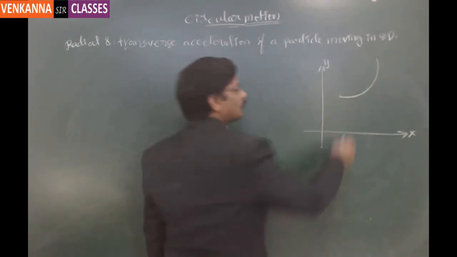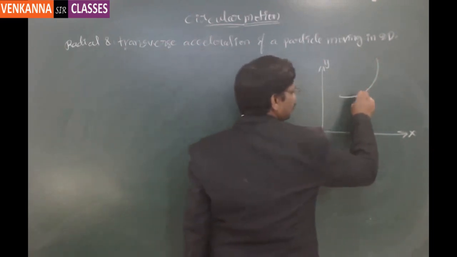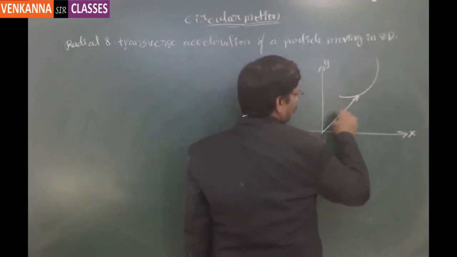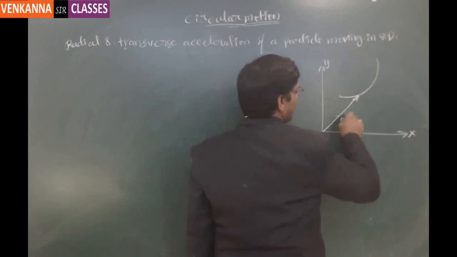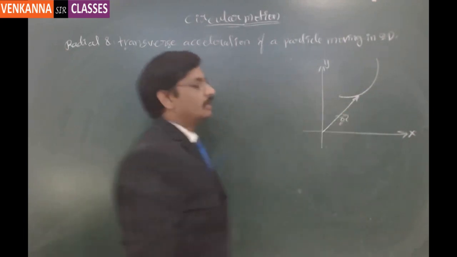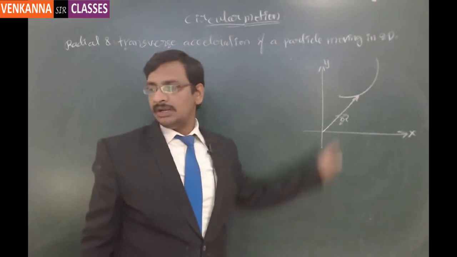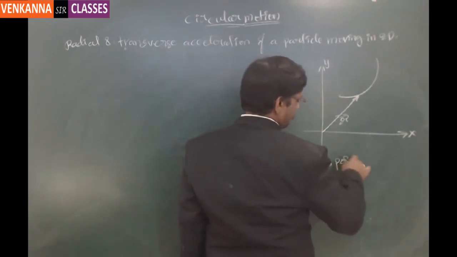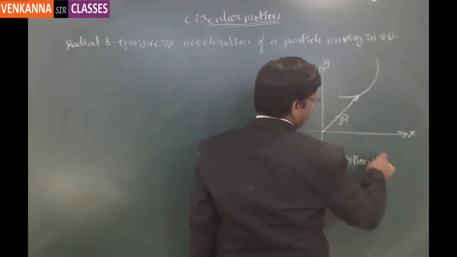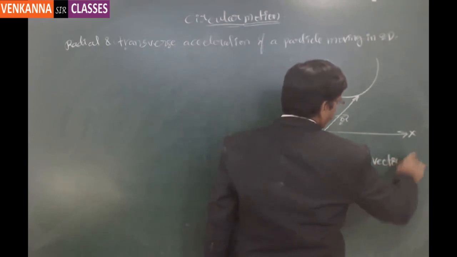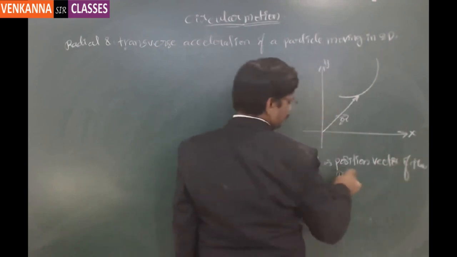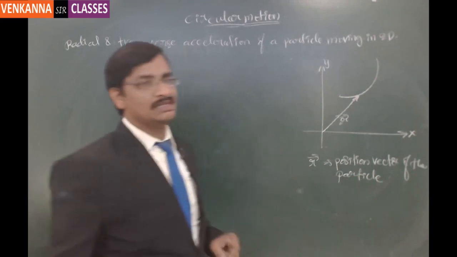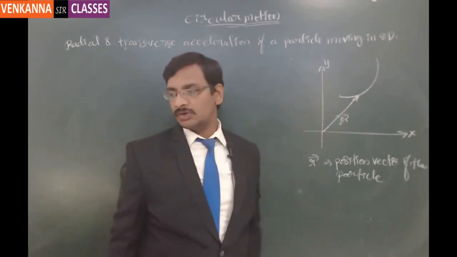Now at any instant, if you try to locate the particle, which is at this location, at a radial distance of r, let us say this is the r vector. So this r is the position vector of the particle. So this r represents the position of the particle at that location at any instant.